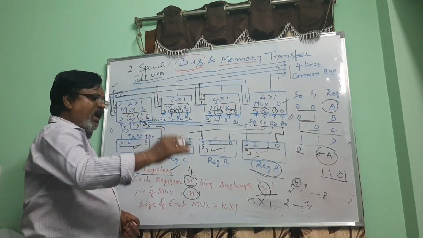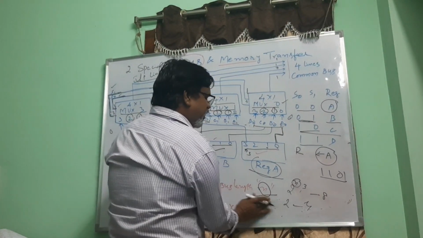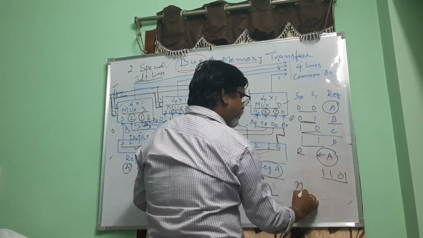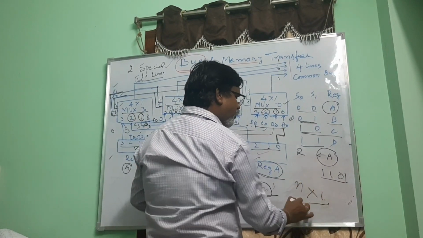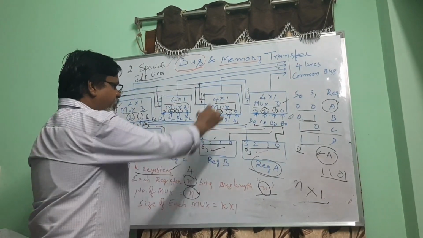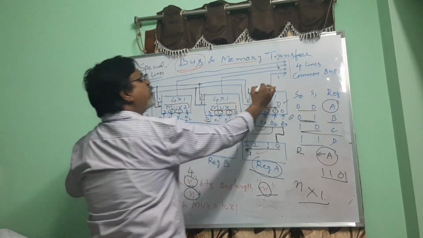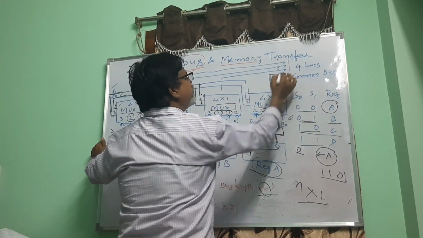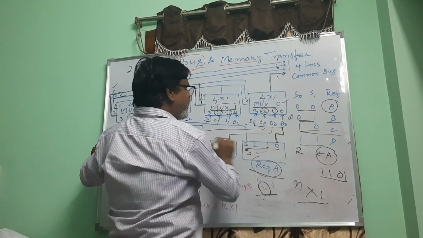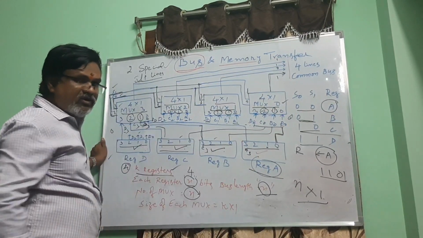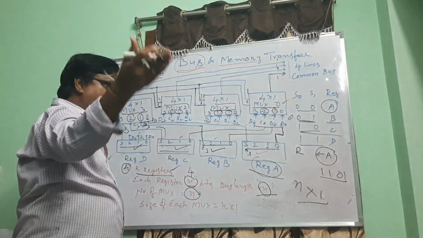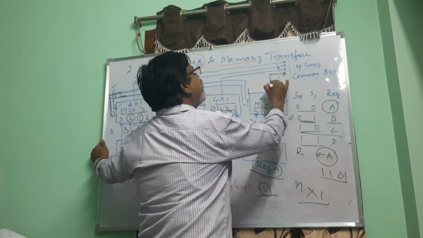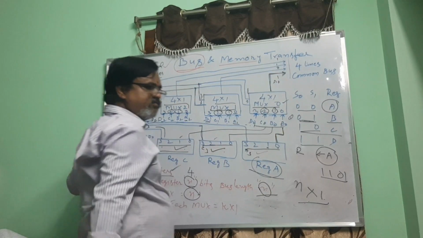After selecting, as we know very well, a multiplexer takes n inputs and gives one output. So here, just see the output. The output of this first multiplexer is transferred to here. If the values of S0 and S1 are zeros, A0 will be selected, so A0 will be moved onto the bus.